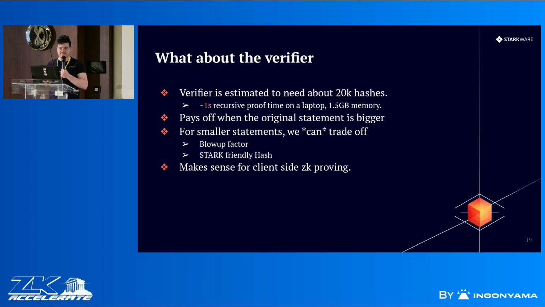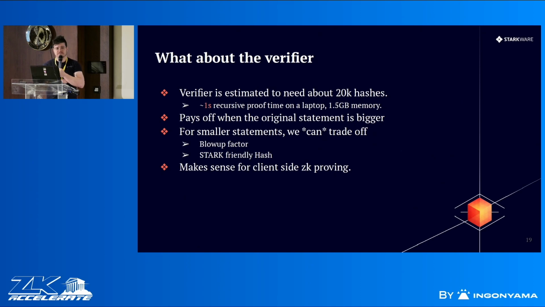The verifier we estimated to need to do about 20,000 hashes, which are all Blakes right now, could be optimized. So that means a recursive proof for this kind of prover would take 1 second. That means we need the first proof to have leaves that take more than 1 second, maybe 3 or 4, then you just start paying off.